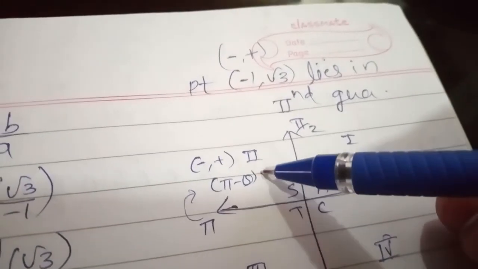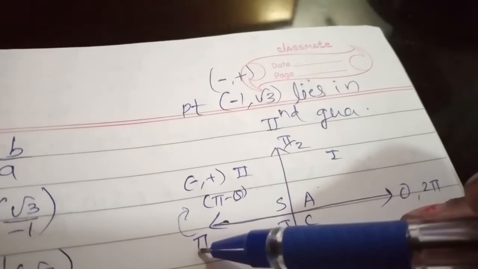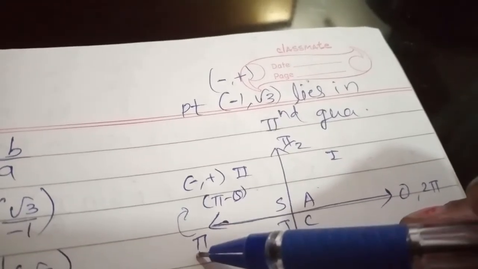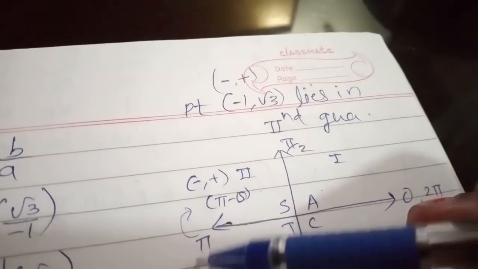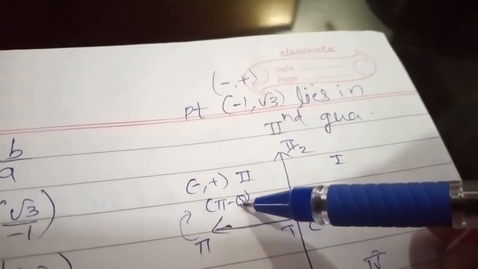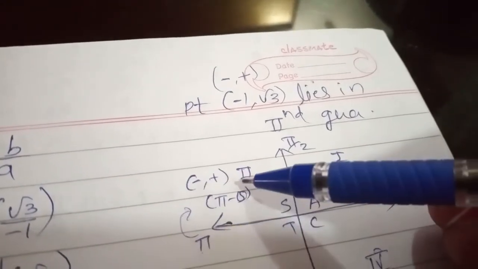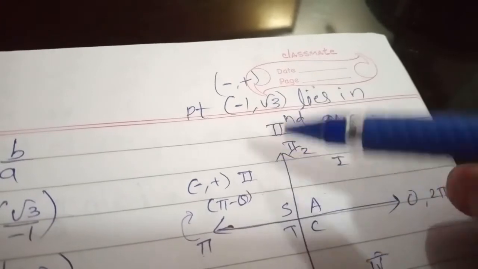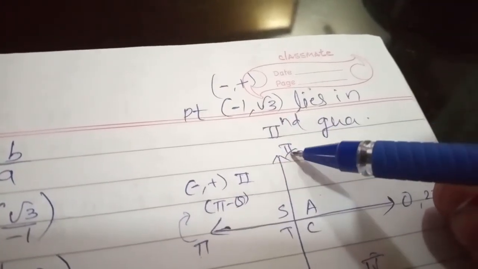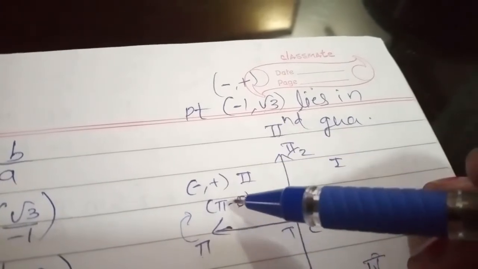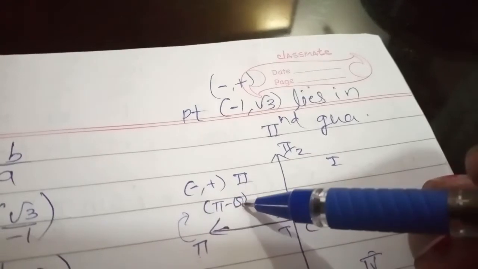So to denote this point, how can we write it? You know this angle is pi. So we can denote this point as pi minus theta, because after this quadrant we get pi. Or we can write it as pi by 2 plus theta. Anyone we can take. So I'm going to take pi minus theta.